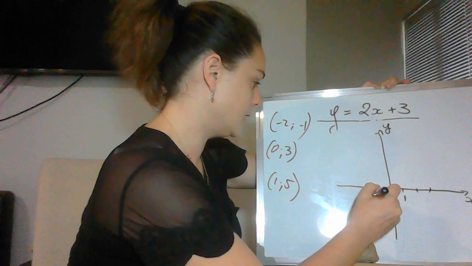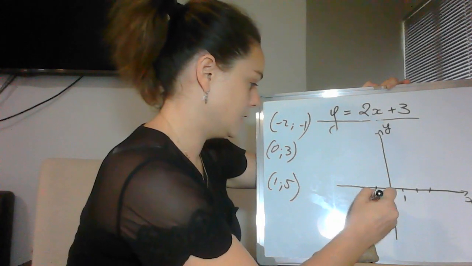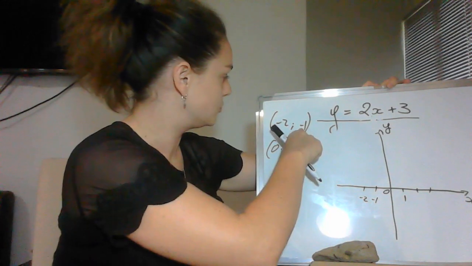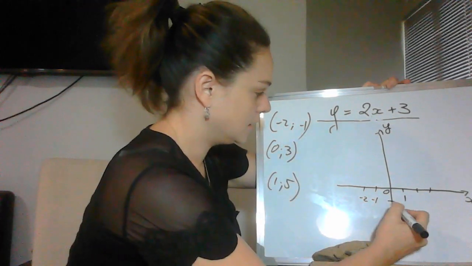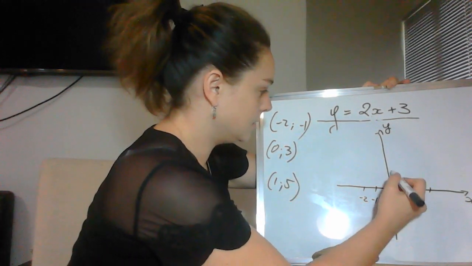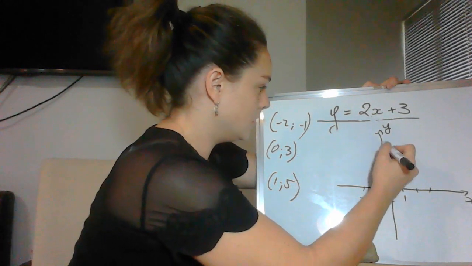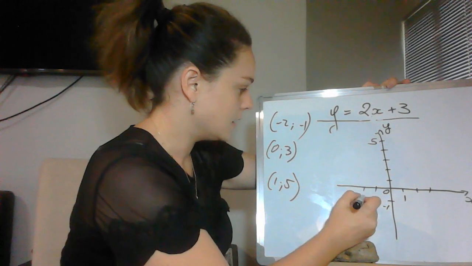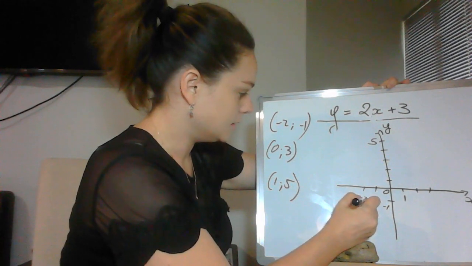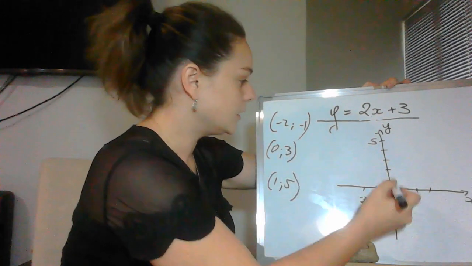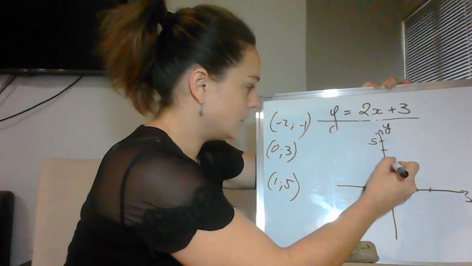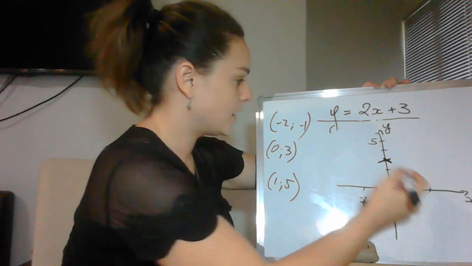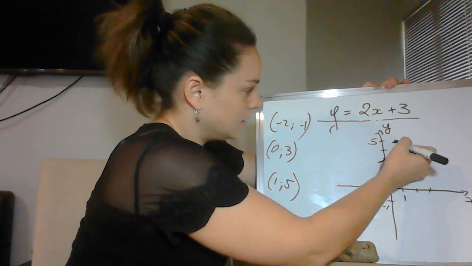I just need 1, minus 1, minus 2 on the negative side. For the y, I need minus 1 up to 5. So minus 1, 1, 2, 3, 4, 5. Minus 2 in x, minus 1 in y, here. 0 in x, 3 in y, that's my y-intercept, here. And the last one, 1 in x, 5 in y, there.